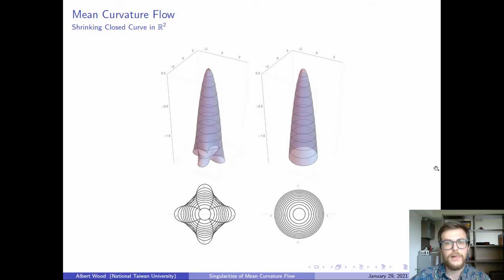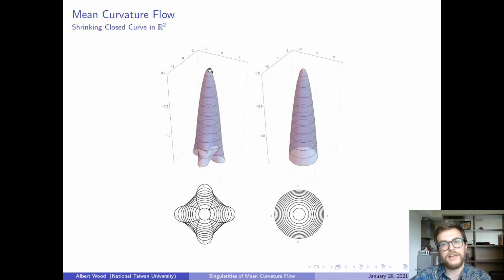So let me give an example. Here is a picture of the space-time track of a mean curvature flow. This four-leaf clover is the initial condition, and we can see that very quickly it regularizes itself and becomes circular and then shrinks to a point in finite time. And on the right is the type 1 blowup.